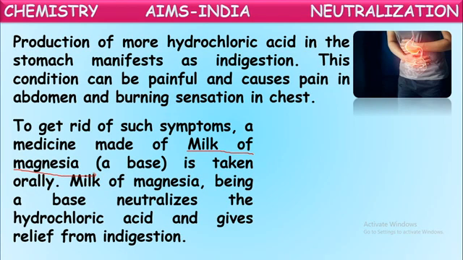Milk of magnesia is nothing but magnesium hydroxide, which is one of the bases. This is taken in the form of medicine. Being a base, milk of magnesia neutralizes the hydrochloric acid and gives relief from indigestion.